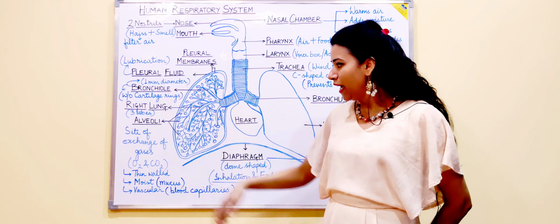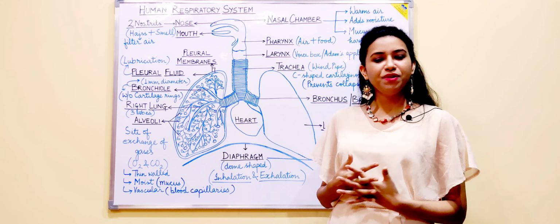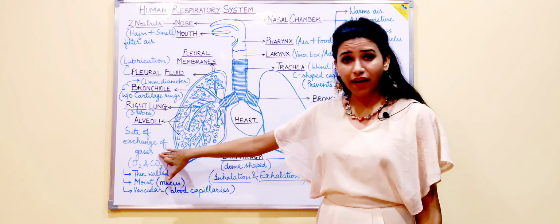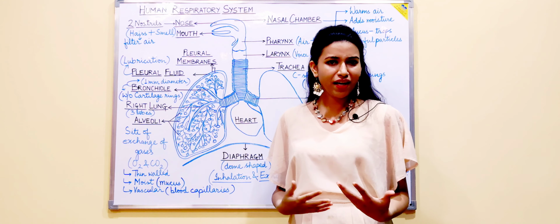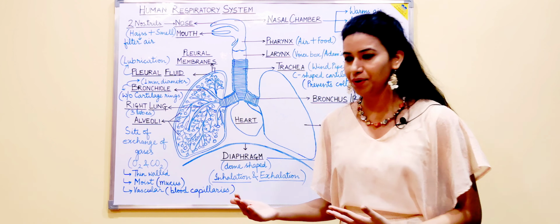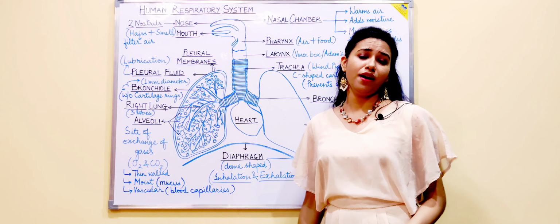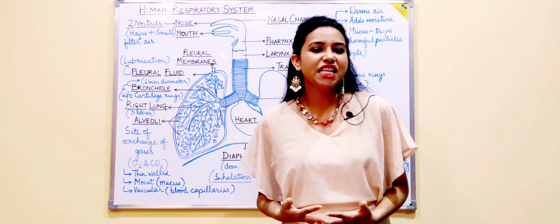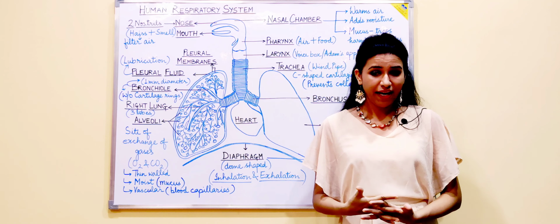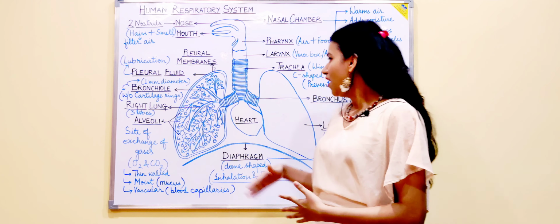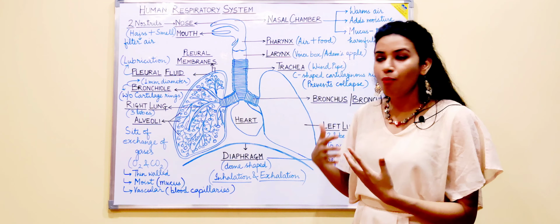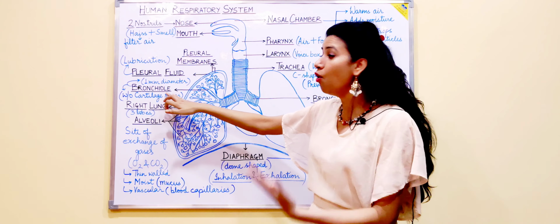So the alveoli happen to be the site of exchange of gases. What are the gases here? Respiratory gases, of course, oxygen and carbon dioxide. Right. Now, an important question that I've already asked is why there is a need for profuse branching, right? So the answer is, if there is profuse branching, there are more bronchioles.